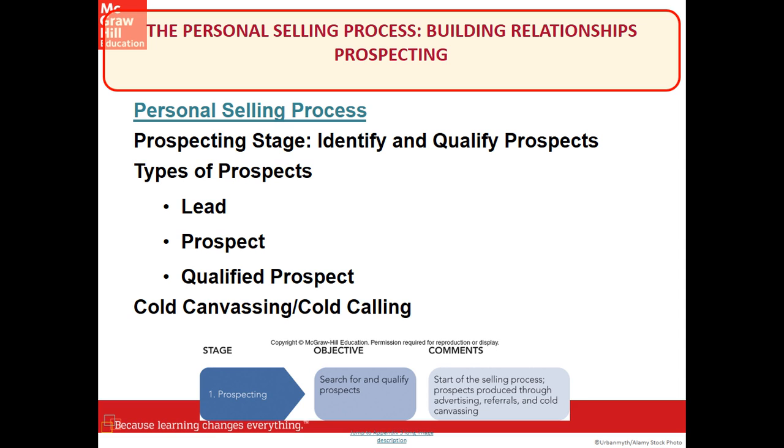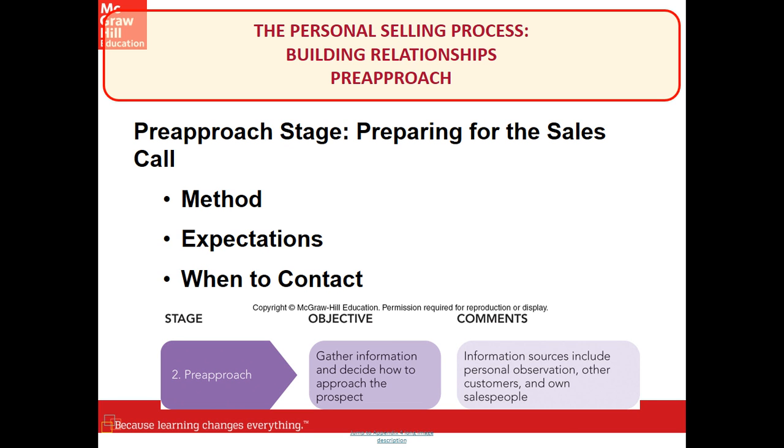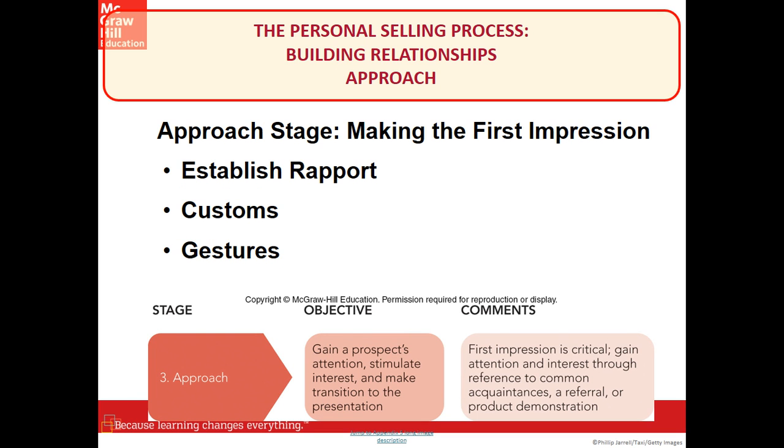Okay, what kind of prospect, what types of prospect can you have? Lead prospect. What is a qualified prospect? What is cold canvassing? What is cold calling? Okay, and then in the pre-approach stage, talking about methods, expectations, and when to make the contact.